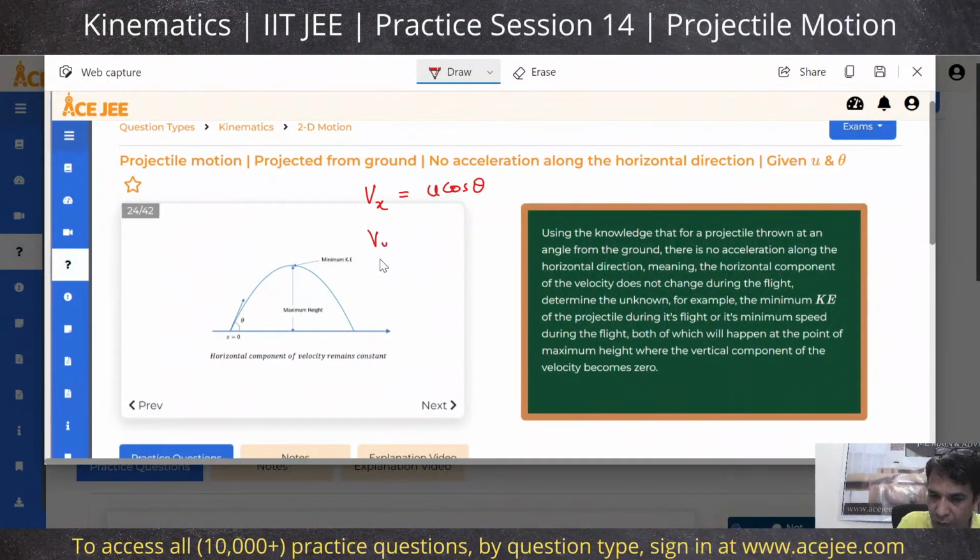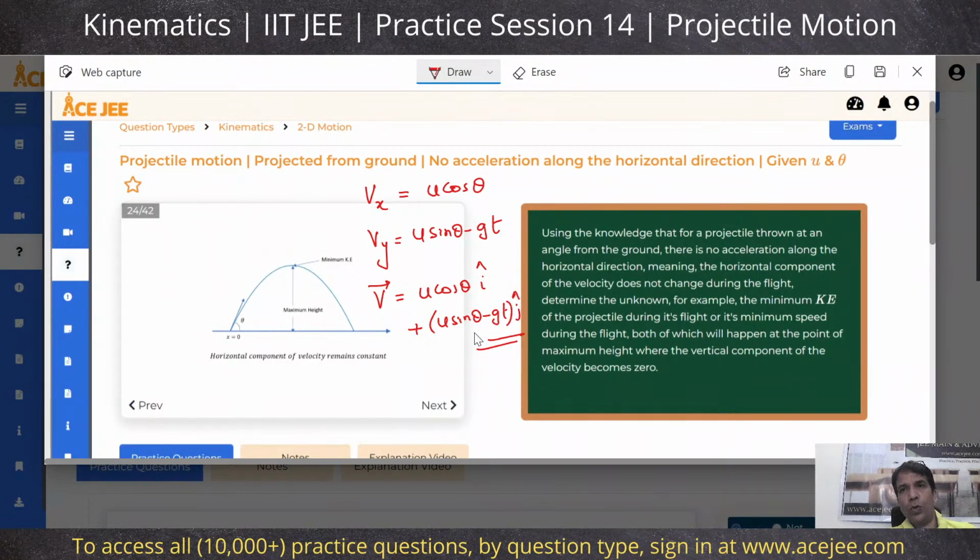What is Vy? Vy is u sine theta minus gt. So that means your velocity vector is u cos theta i cap plus u sine theta minus gt j cap.